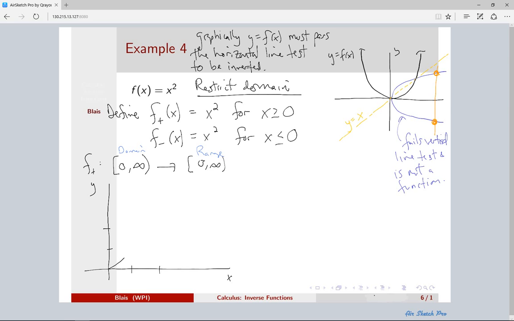So we know y equals x squared looks like this. I should say this is y equals f plus of x.